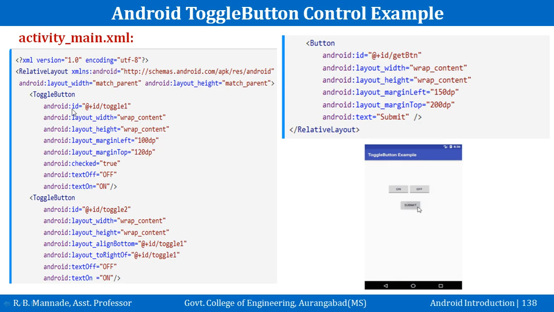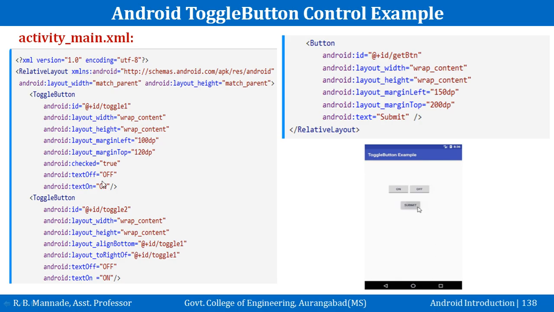Regarding properties of the toggle button, the first toggle button's ID is toggle1, and the remaining attributes are width, height, left margin, right margin, and by default checked is set to true. It means it will be in the on position, so when you run the application, it will show its state as on.